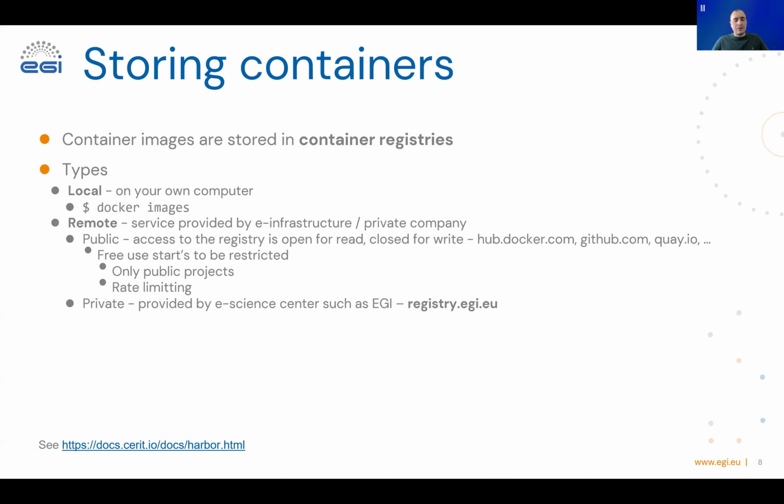Container images are stored in software or services called container registries, and we recognize several types of container registries. We know the local one. If you are using Docker, it comes pre-built within the Docker software, because primarily you are building images on the local computer when you try it or demo it, or download an existing container image.